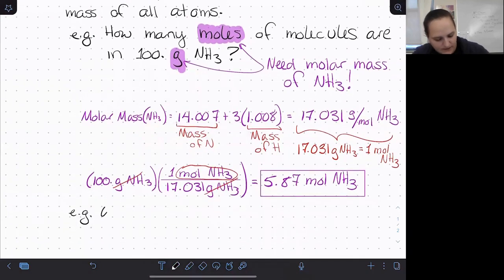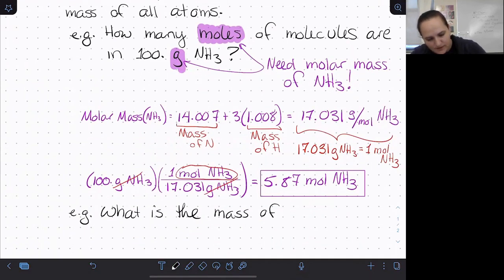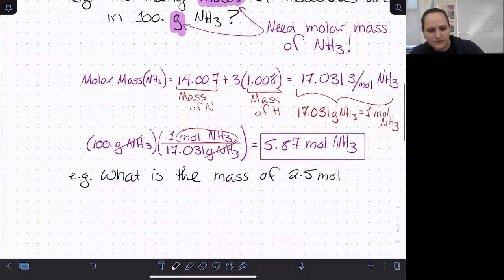Let's say, what is the mass of 2.5 moles of, sure, acetylene gas, C2H2, why not? So pause here, see if you can try this one on your own, and then we'll do it together.